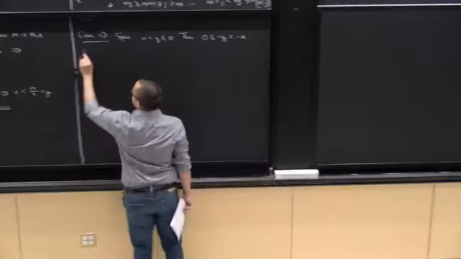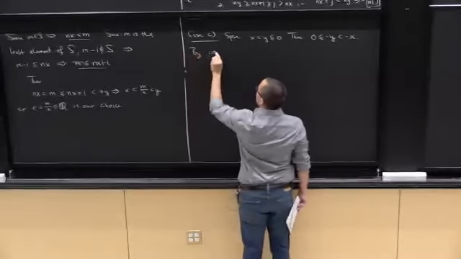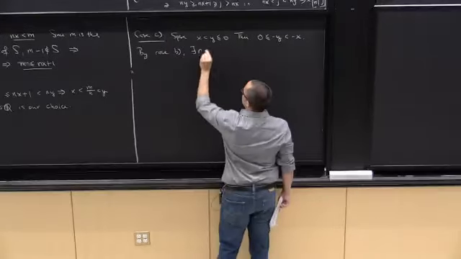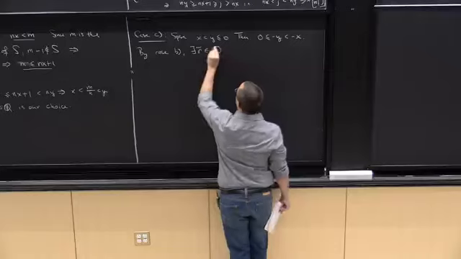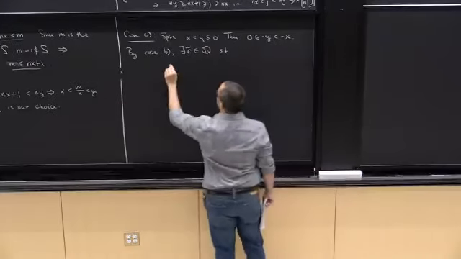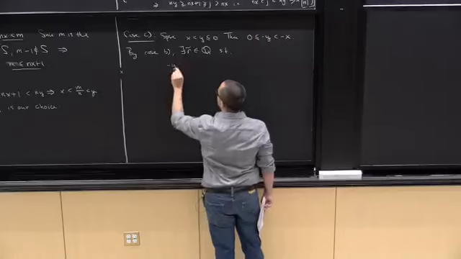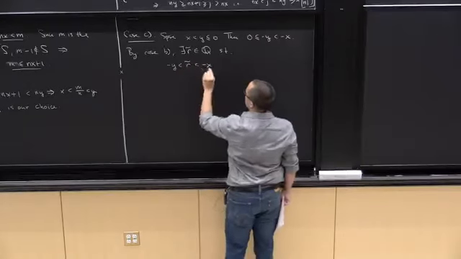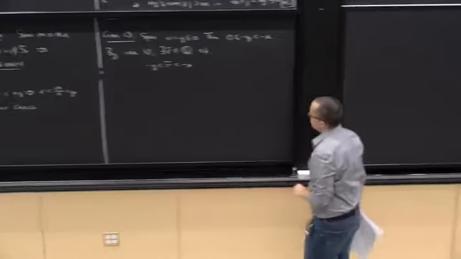So by case B, there exists a rational number, r tilde, such that minus y is less than r tilde is less than minus x. Okay?